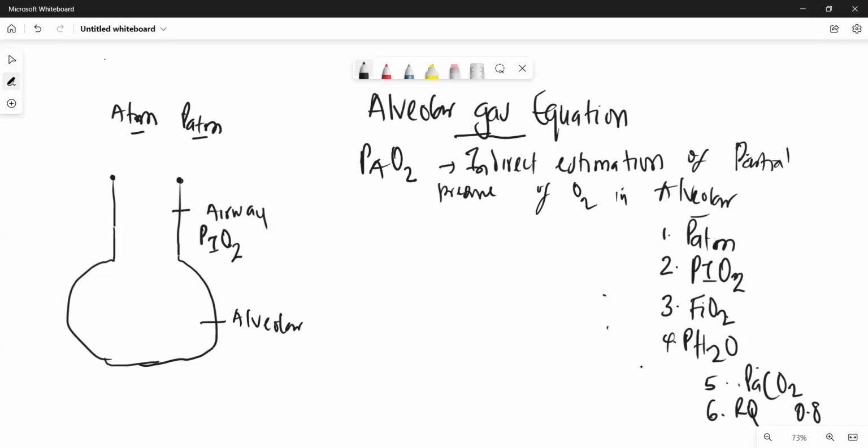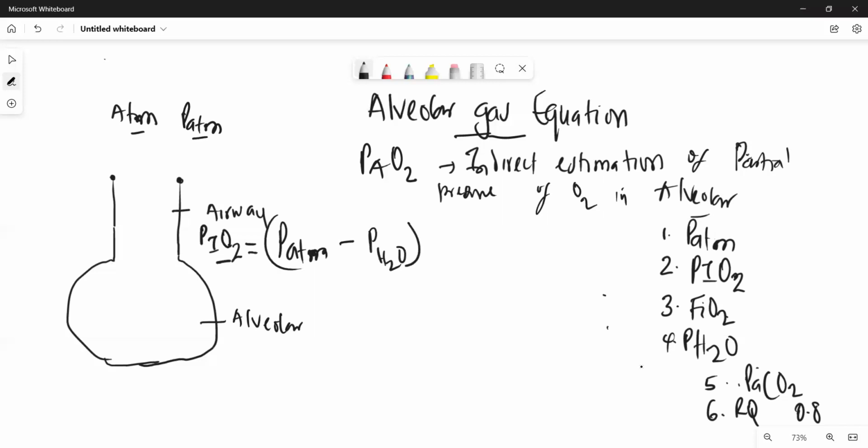Like I mentioned earlier, when the gas gets into the airway, it needs to be humidified, and that humidification will further decrease the concentration of oxygen in the inspired air. So the partial pressure of oxygen in the inspired gas will be our atmospheric pressure, and then we have to subtract the partial pressure of water from it, which is PH2O.